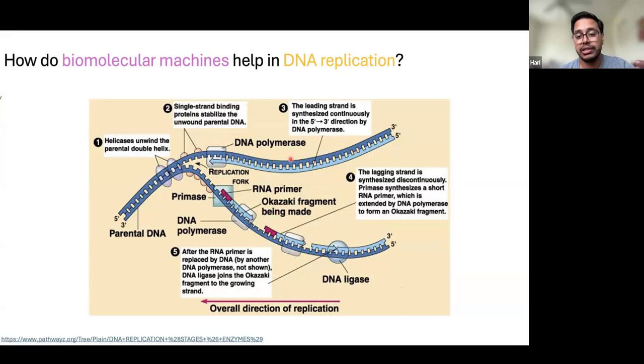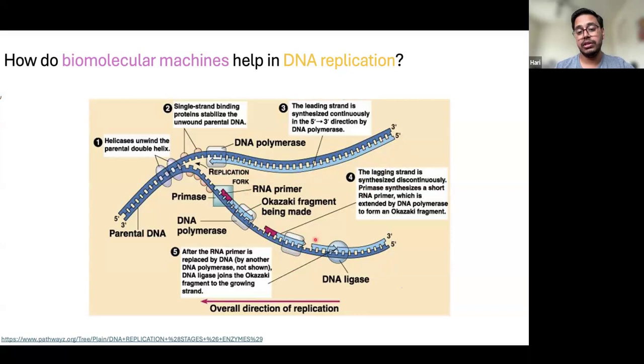DNA replication will happen on both the strands, the strand from 3' to 5', and also from 5' to 3'. But it should be noted that DNA synthesis, the new strand synthesis, always happens in the direction of 5' to 3'. So what happens for the other strand is that since the elongation can only happen in the 5' to 3' direction, the new strand is made in this direction. This is called the lagging strand.